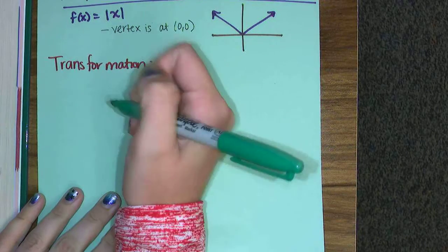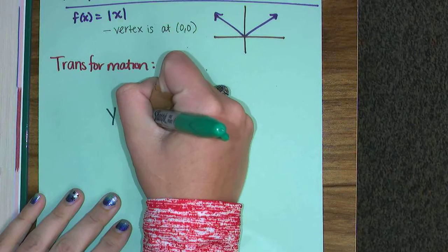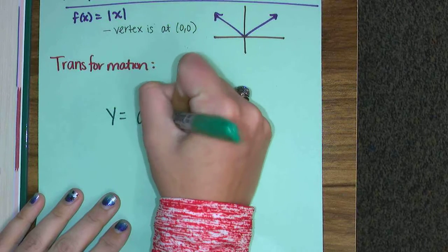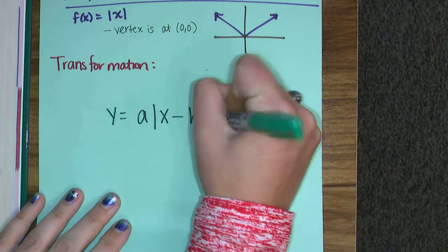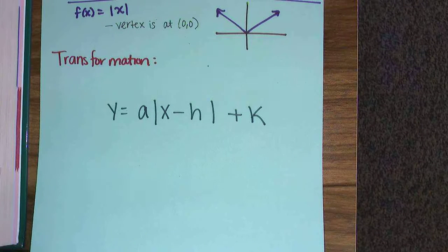So basically we have y is equal to a times the absolute value of x minus h, plus k. Alright, so labeling this stuff, I'm going to try to do this with a smaller marker so it's just easier to see what's going on.